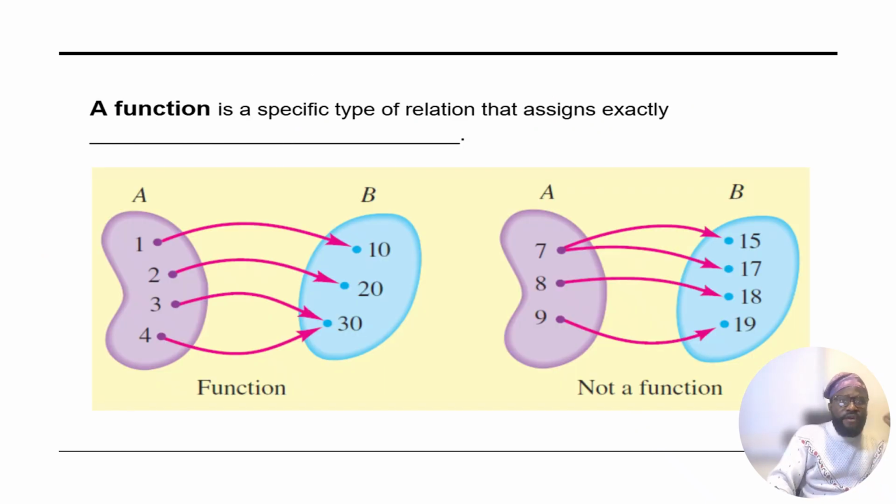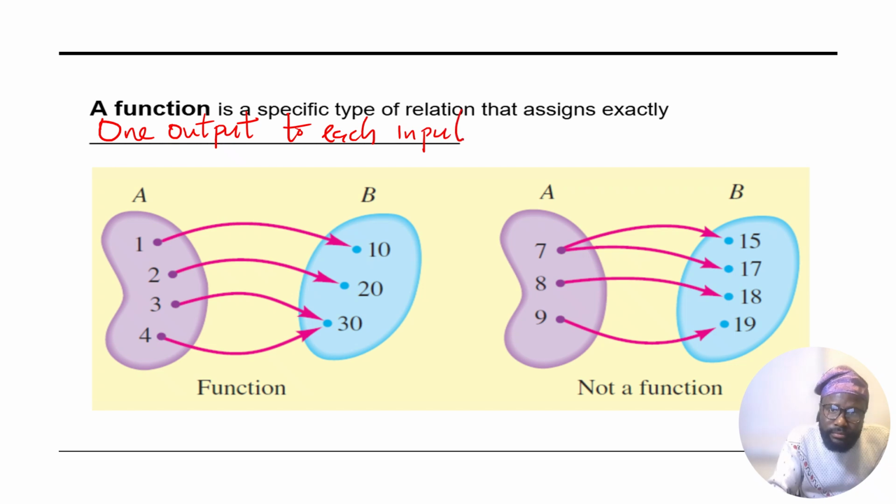Look at this. A function is a specific type of relation that assigns exactly one output to each input. I've said that before.